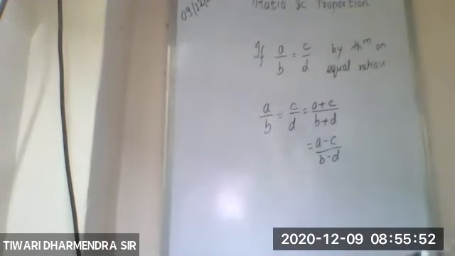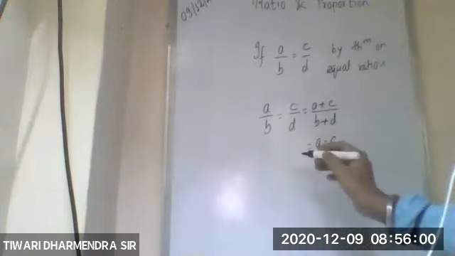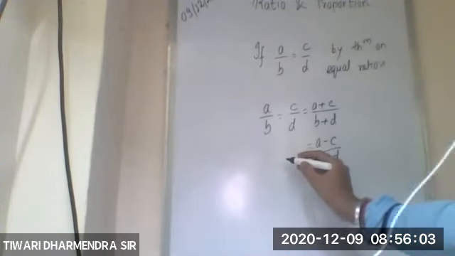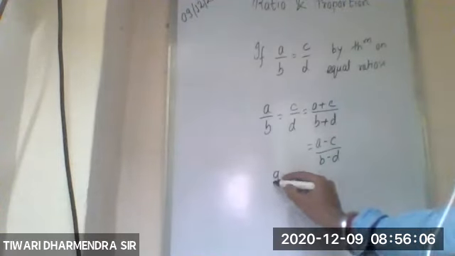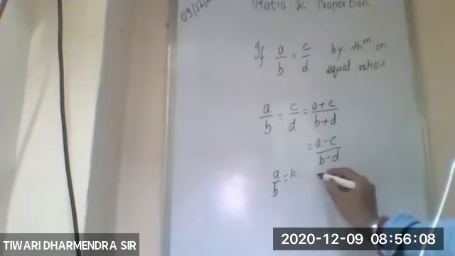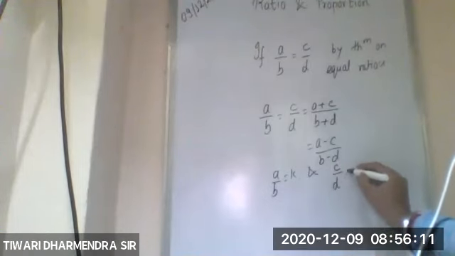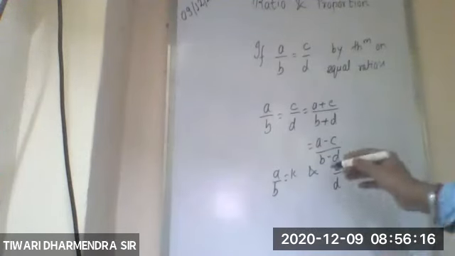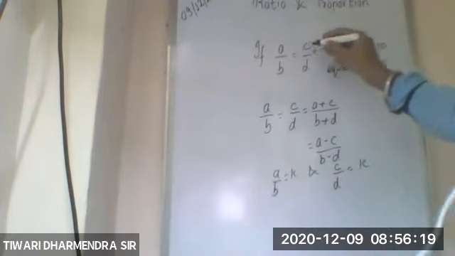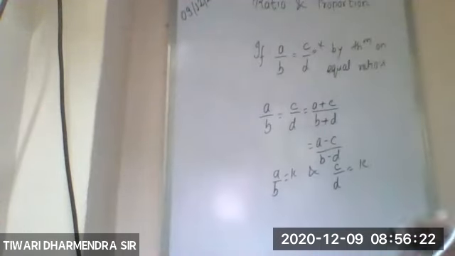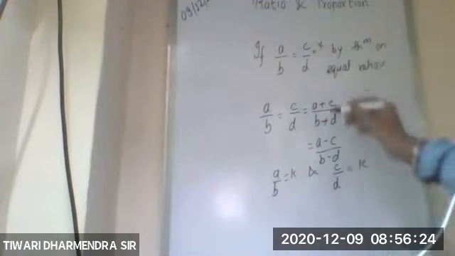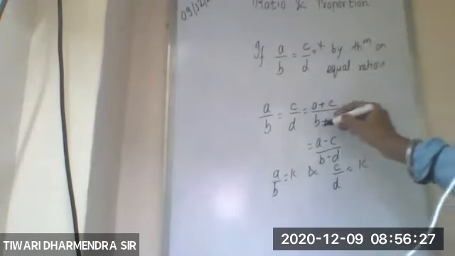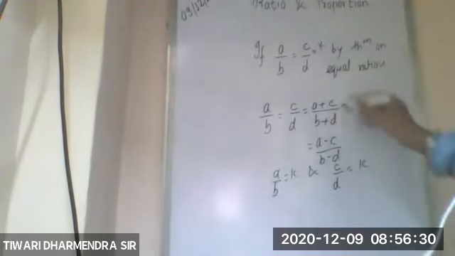So let's see how this is equal. Suppose we are taking this ratio, that is a by b is equal to k and c by d is equal to k. So from here we are saying a by b is equal to c by d is equal to k. Once we get the value of a plus c upon b plus d equal to k, it means they are all equal.